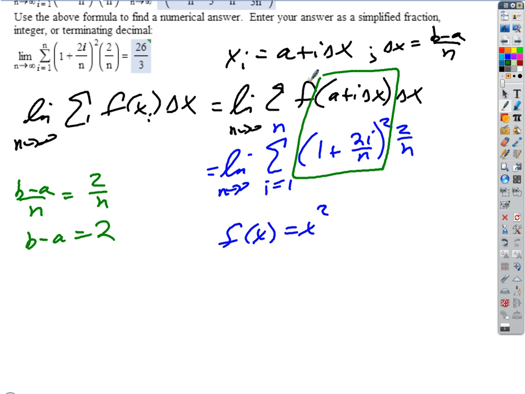We know that it's 1, isn't it? Yeah, good, it's 1. So a is 1, delta x is the same thing as saying 2 over n, right, times i. Everybody see that? Okay, this is a plus i times delta x, isn't it? This looks like there's our i, and here's our delta x.